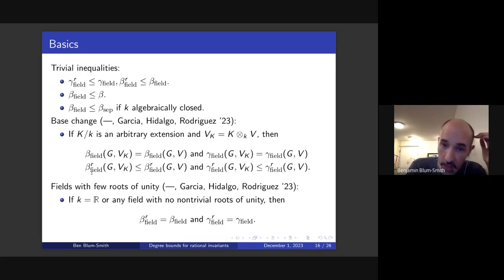But in the case where there are no non-trivial roots of unity, we can show that allowing yourself rational in addition to polynomial generators doesn't affect anything.